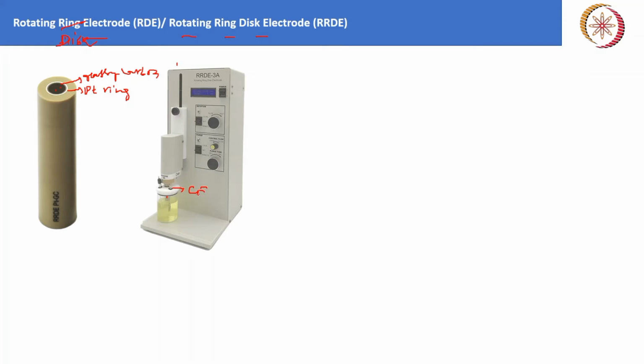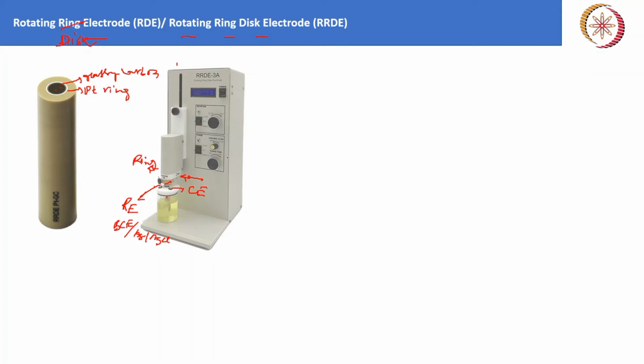And this is your reference electrode. If it is an aqueous solution, then you can use a saturated calomel electrode or AgCl. And this is the working electrode. This part is the disc, so you connect this part to the instrument as the disc, and this side you have another connection for the ring.